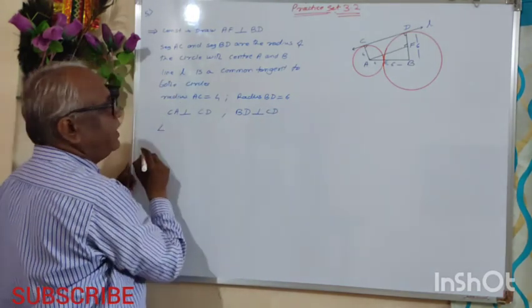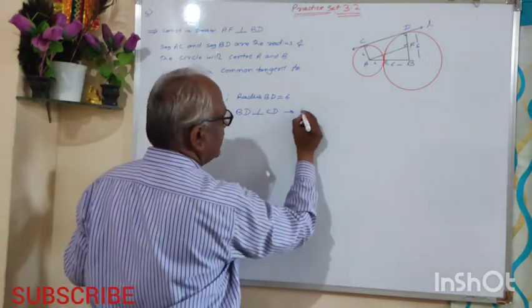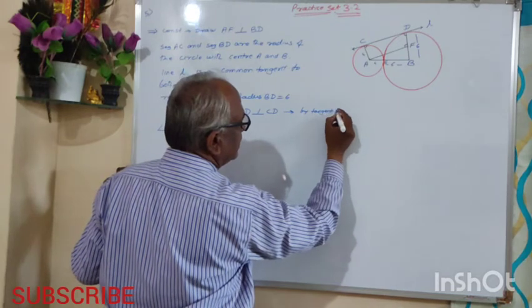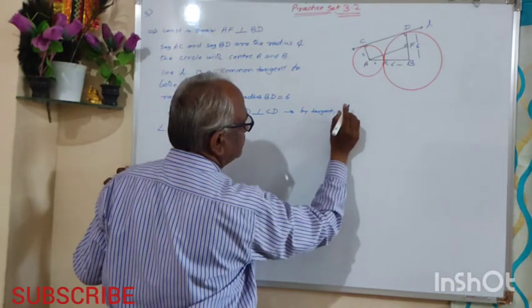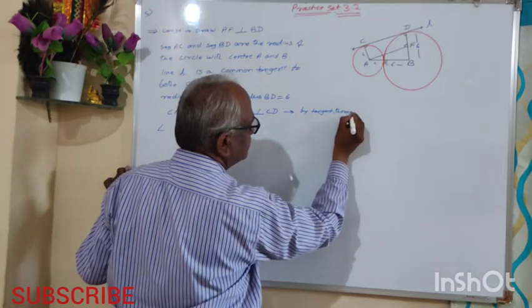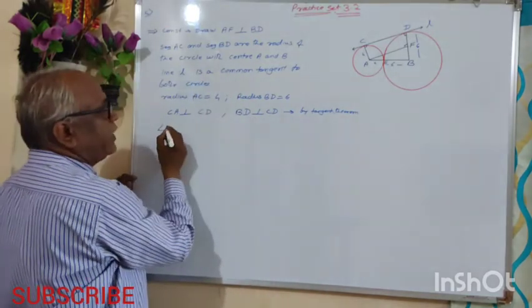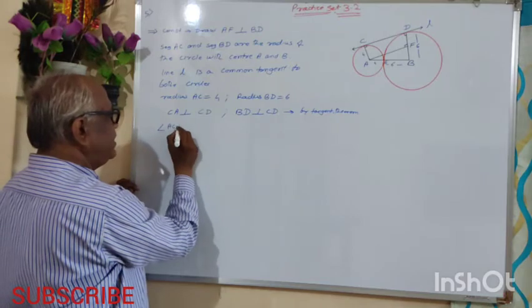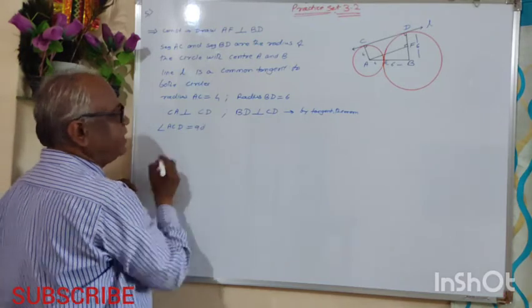Therefore, angle ACD is equal to 90 degree by tangent theorem.